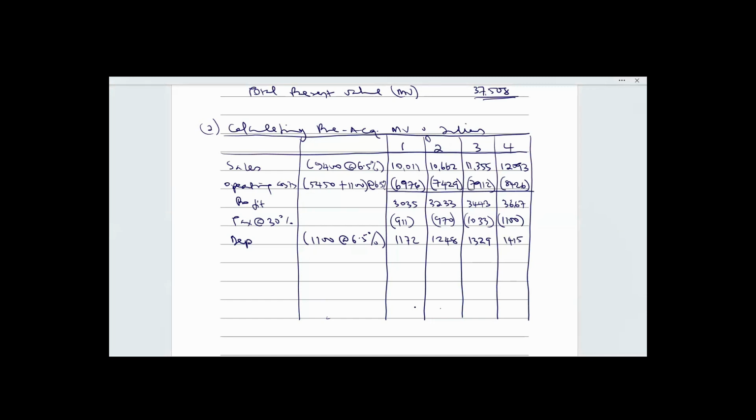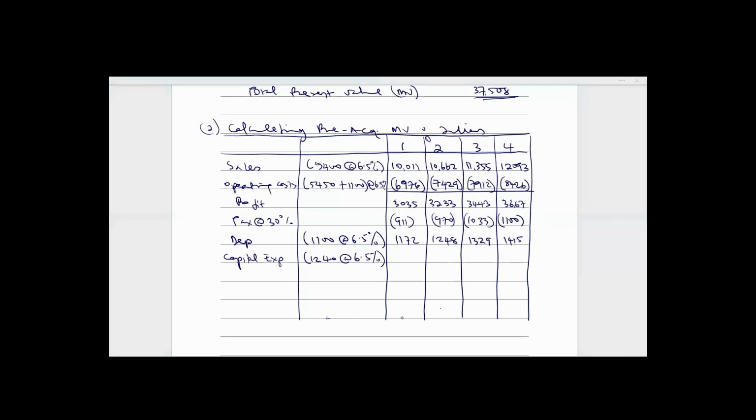After depreciation, we consider capital expenditure since we don't have working capital. Capital expenditure for Julian, we are told, is 1240. So here is 1240 at 6.5%.